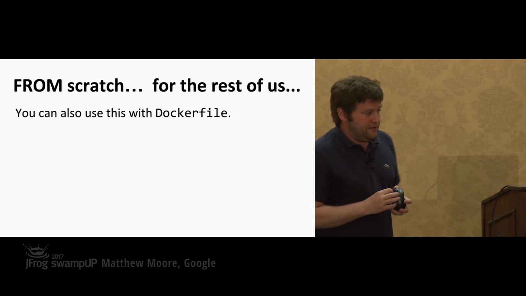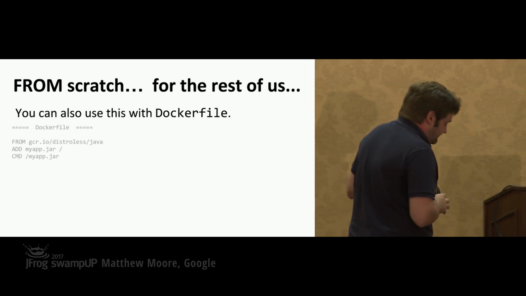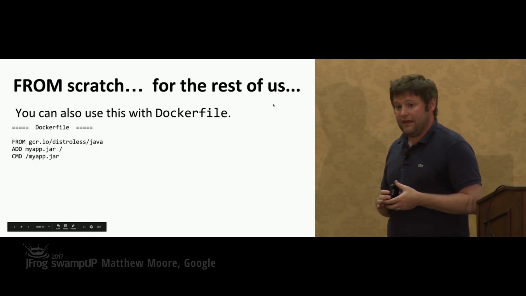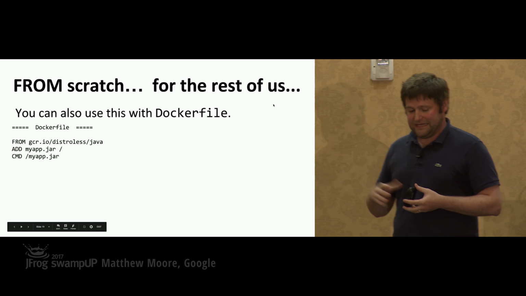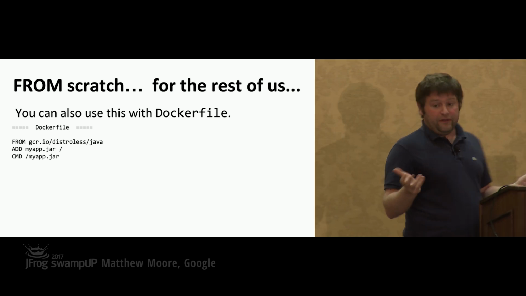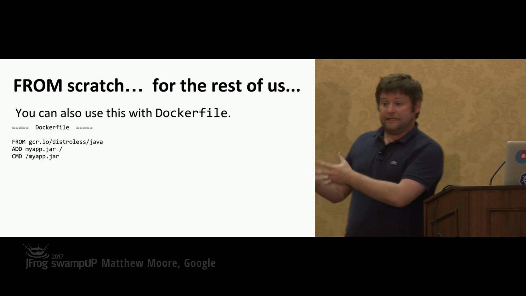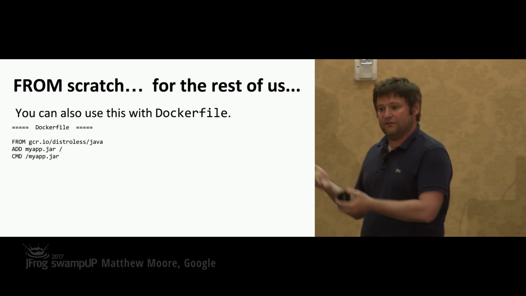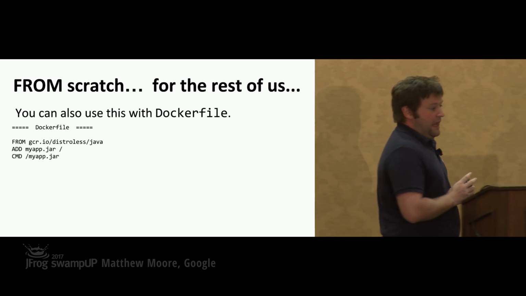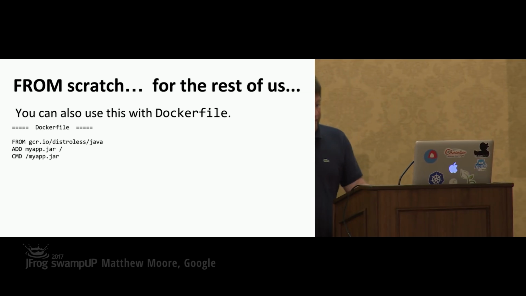The Dockerfile is actually very simple. You basically download the runtime base that you want to overlay your app on. You stick your statically linked at the language level jar or whatever inside of it, and then you just tell the JRE to run it.